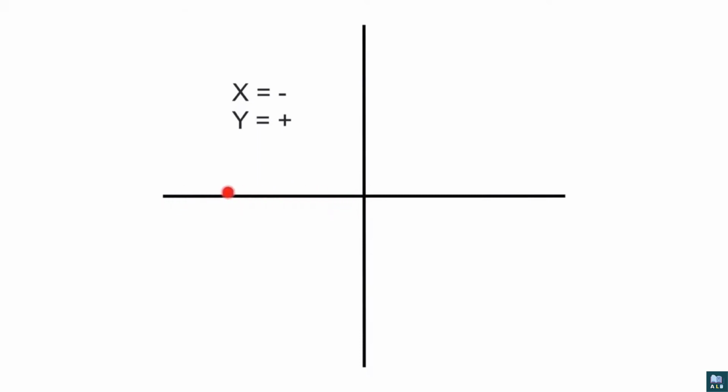It's on the left-hand side of the point of origin, but the y is still above the point of origin. So our x is negative and our y is positive. In quadrant number 3, my x is negative because we are to the left, and my y is below the point of origin, so x is negative, y is negative.